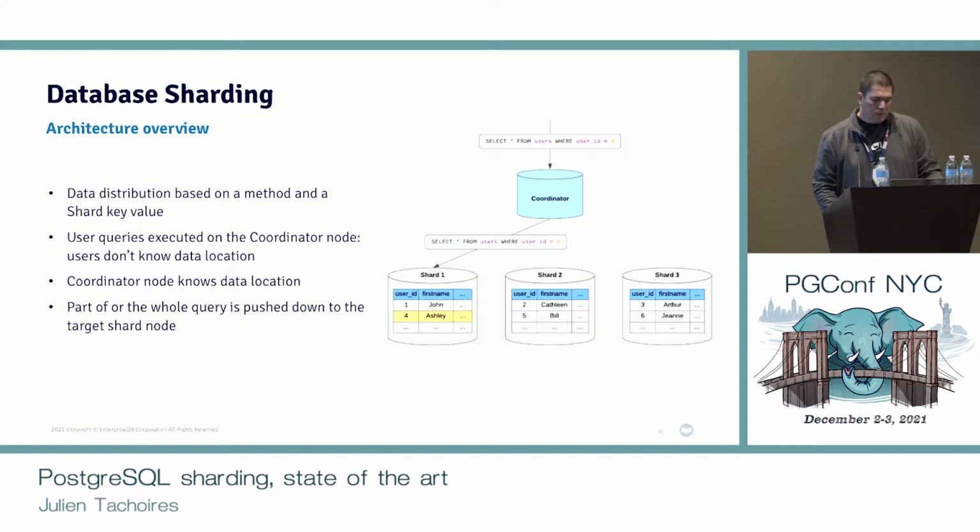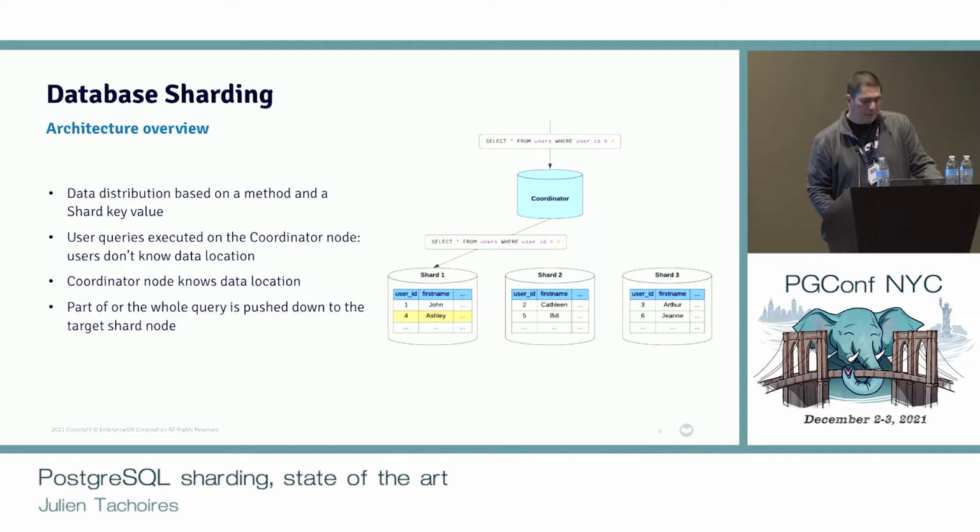For example, on the diagram presented here, the sharding key has been defined as a user ID, and this way the coordinator node knows, for example, that the user ID 4 is located on shard 1, and it doesn't have to scan the other shards to find it.